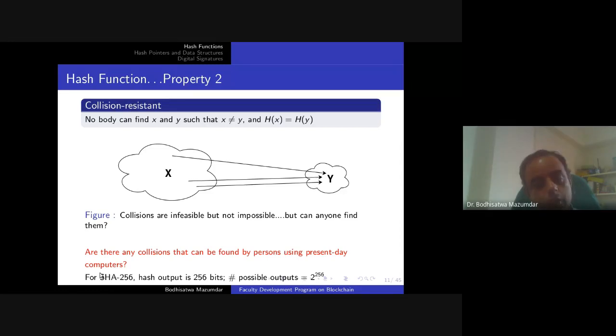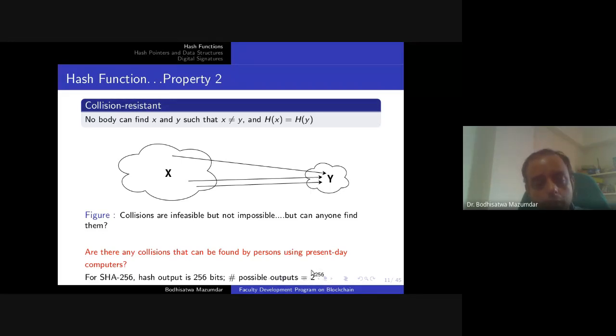This hash function takes in an input of arbitrary length, but it always produces an output of 256 bits. Hence, the number of possible outputs is 2 to the power 256. If you try to perform a brute force over this entire search space, it will take you billions of years, which is not possible in the lifetime of a person.